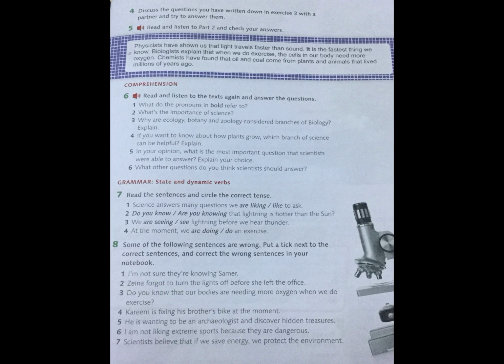Well, we can answer the question for 4. It says, discuss the questions you have written down in exercise 3, which is the questions that I just asked. Why do we see lightning before we hear thunder? Why do you need to breathe more air during exercise? And what do oil and coal come from?